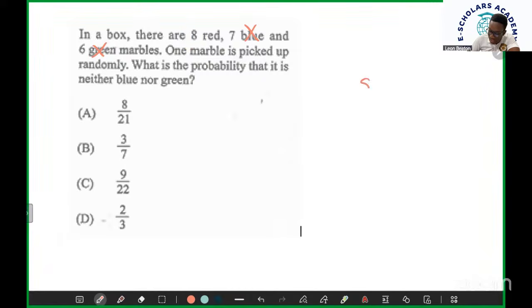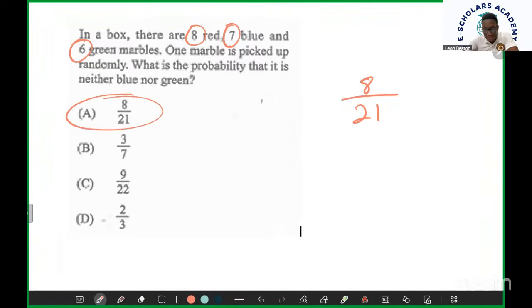So we know it will be 8 over the total number of marbles in this bag. 8 and 7 is 15. 15 and 6 will be 21. So 8 over 21. And this can't break down any further, so we'll just go with A.